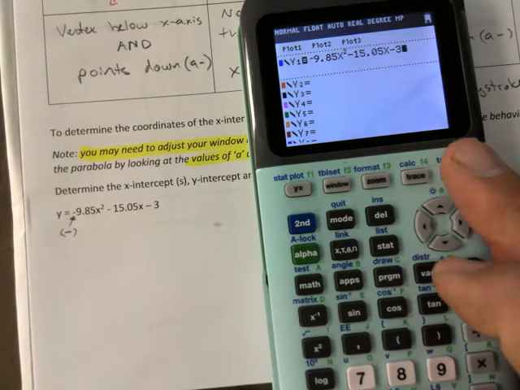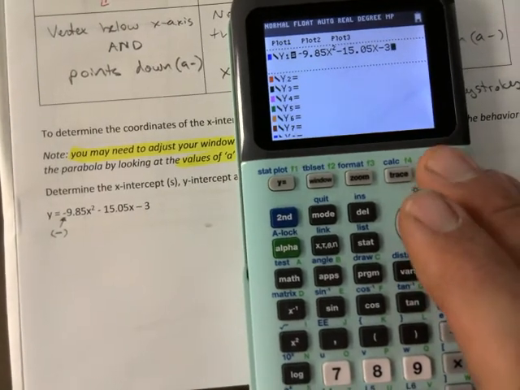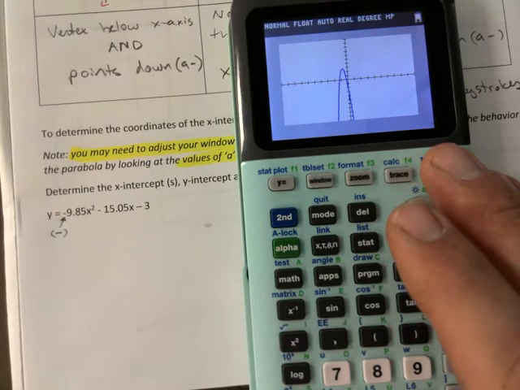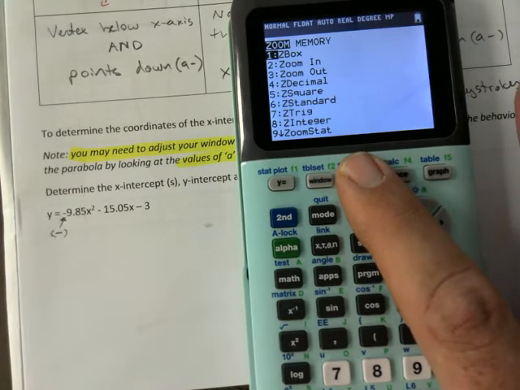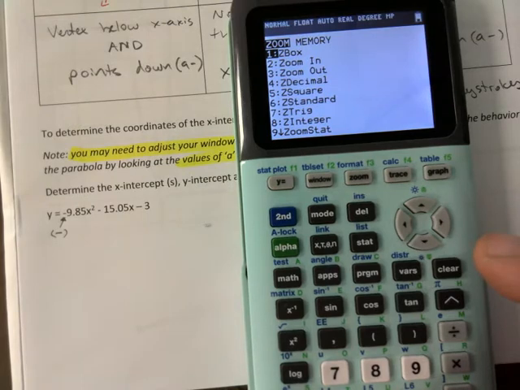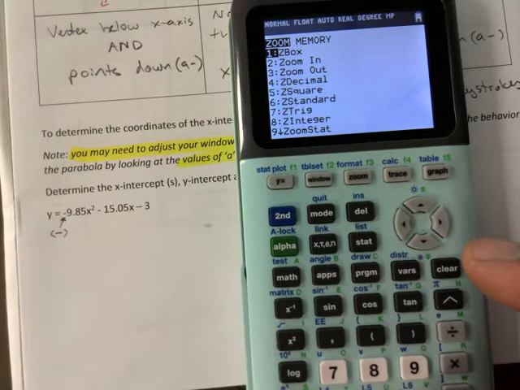Okay, so let's graph this thing. Hit graph. You should all see this. If you're not seeing this right now, just do it anyways. Zoom, and I'm going to press the number 6. Why am I pressing 6? Because 6 stands for zoom standard, ZStandard.